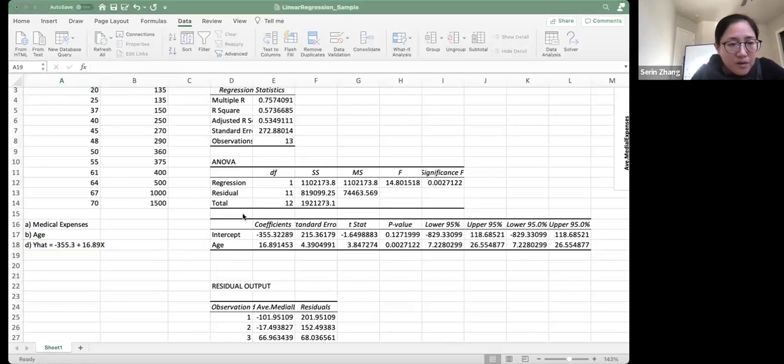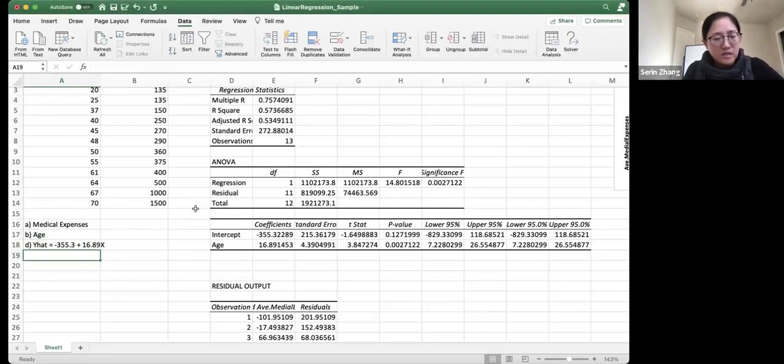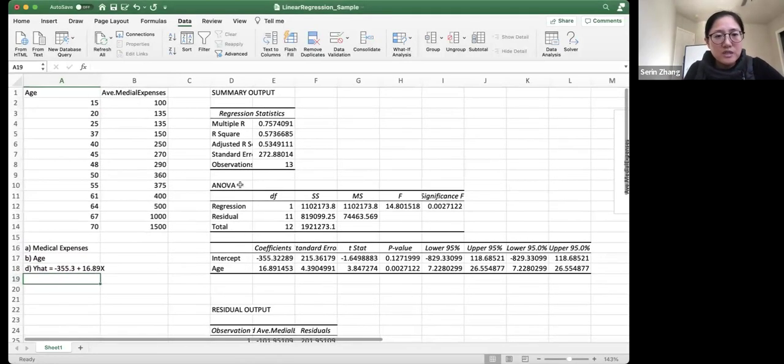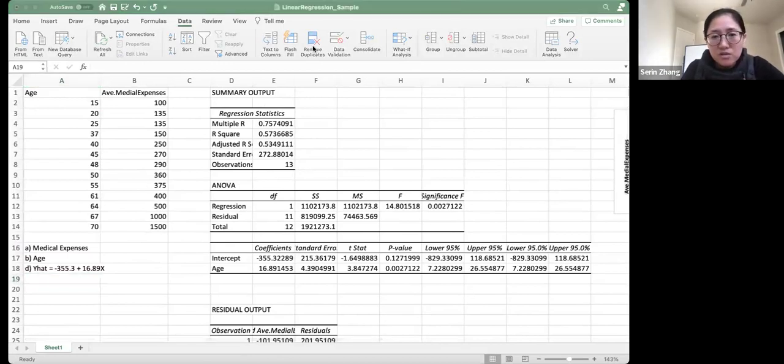And part E, interpret the slope in context and put it in the cell A17. So before doing the interpretation, let's do the same thing using the applet, okay? Because this is the lab assignment, but on exam 3, there's some question asking you to do the simple linear regression using the applet.